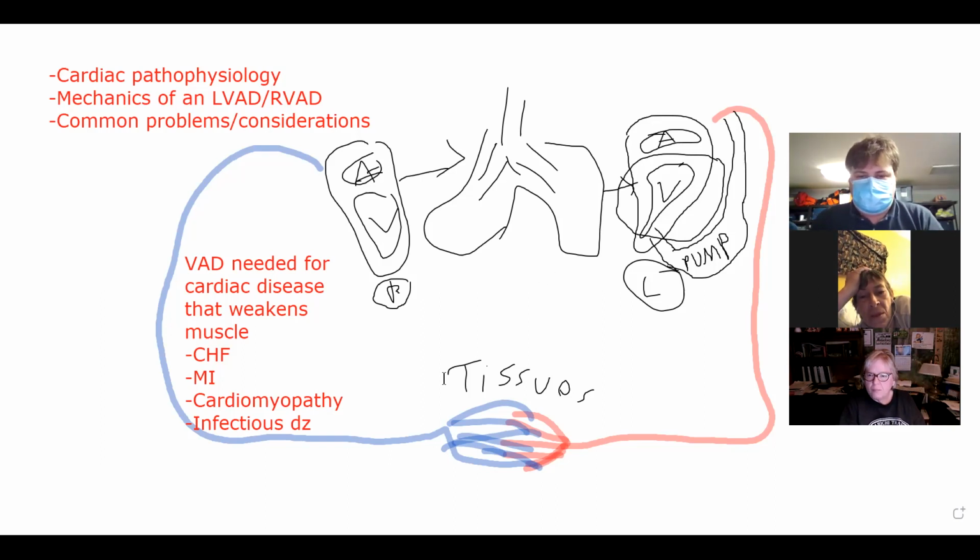And sometimes people have this for the rest of their life. Sometimes people have this while they are on a candidate list for a heart transplant. And sometimes people are on this temporarily until whatever the acute process is resolves and their heart heals up.